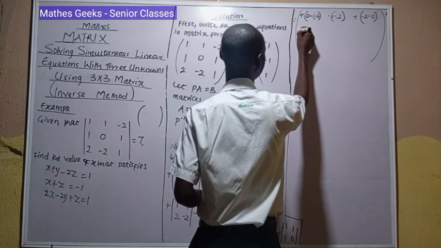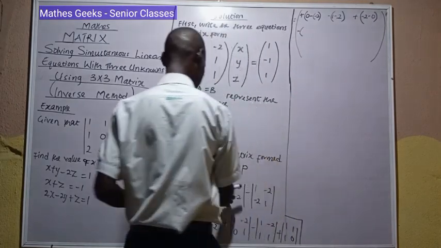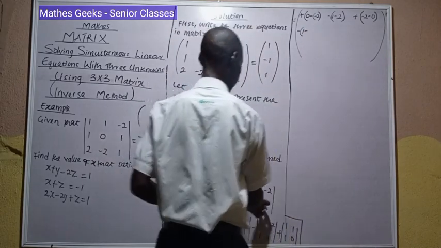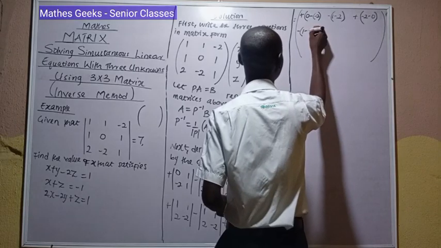Next minus, okay, 1 times 1 is 1 minus 2 times minus 2 plus 4.